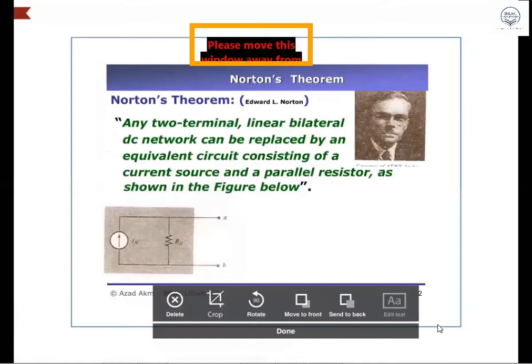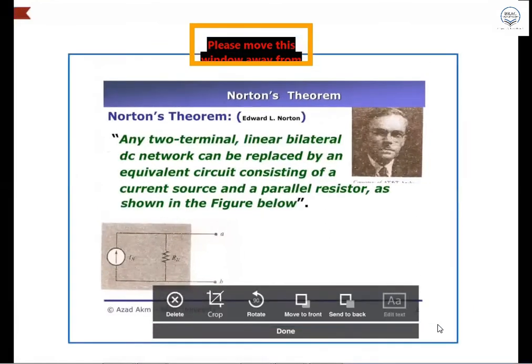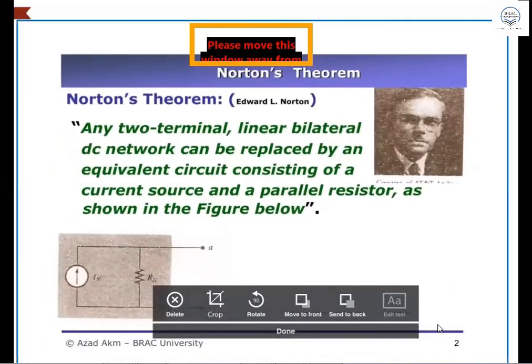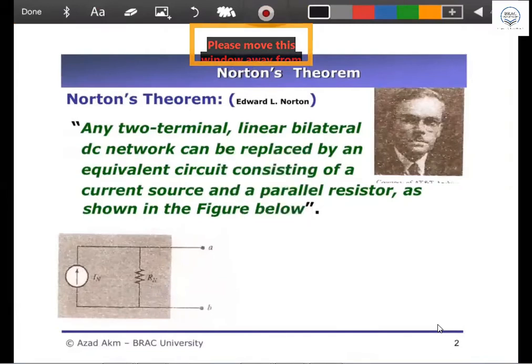Now this is the Norton theorem we have discussed. The Norton theorem says that any two-terminal linear DC network can be replaced by an equivalent circuit consisting of a current source and a parallel resistor as shown below. This current source is known as I Norton.